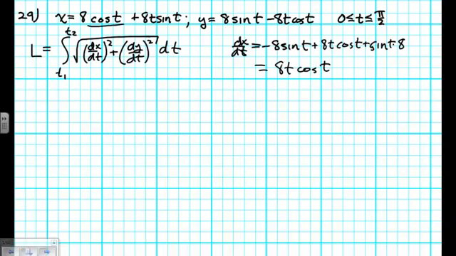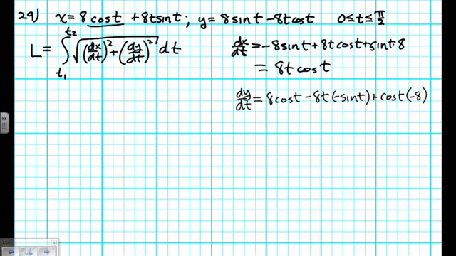And I wrote it wrong again. Let me try that one more time. dy/dt. Derivative of that is going to be 8 cosine t. Derivative of that is negative 8t, first, times the derivative of the second, which is negative sine t, plus the second, which is cosine t, times the derivative of negative 8t, which is negative 8.